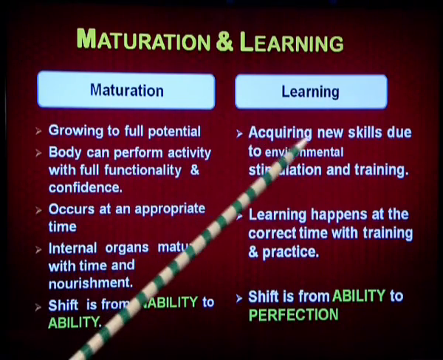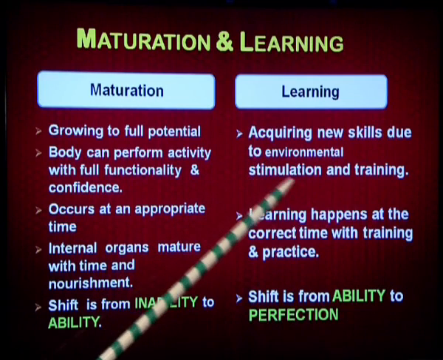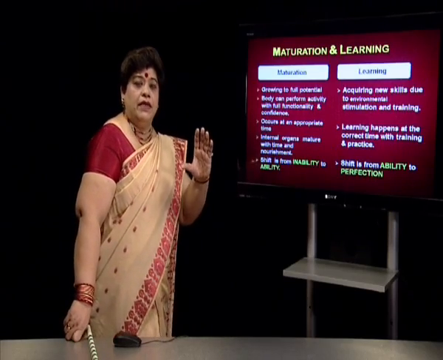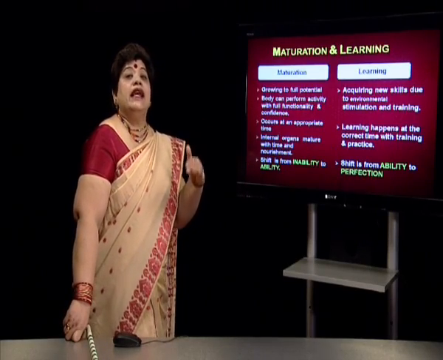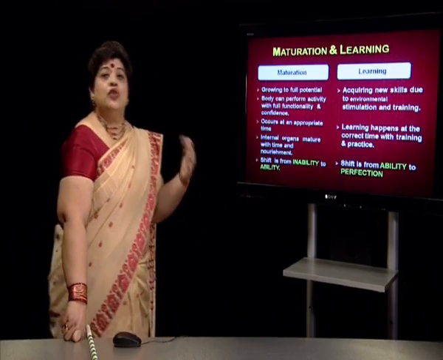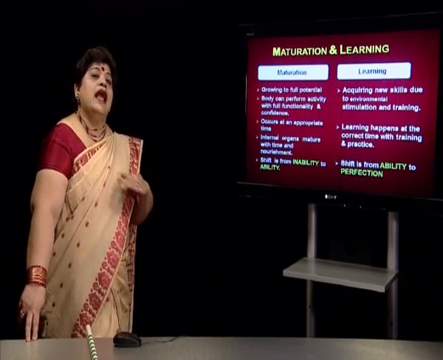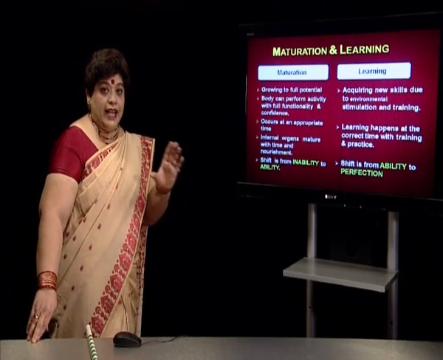When we say learning, it is acquiring new skills due to environmental stimulation and training. There may be a child, say in a particular environment, in a particular setup, where he has matured. The child has become 12 years old. That means his body has entered into early adolescence and has developed totally for that age group.